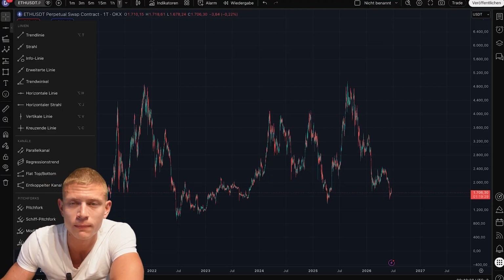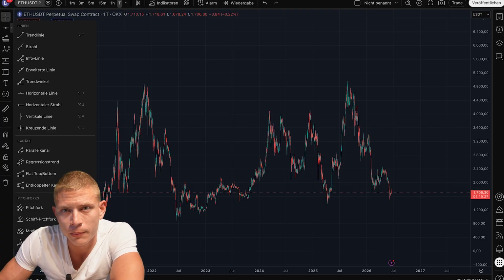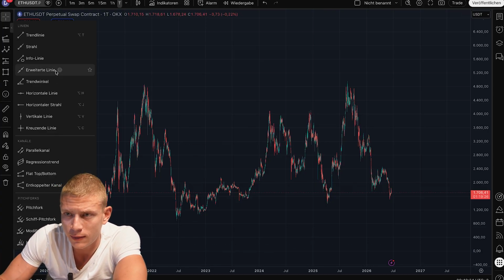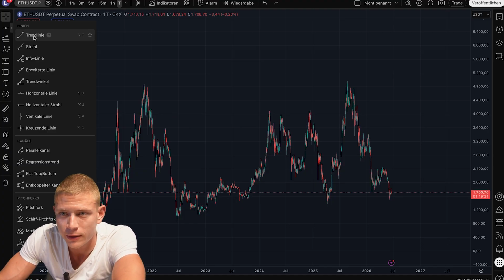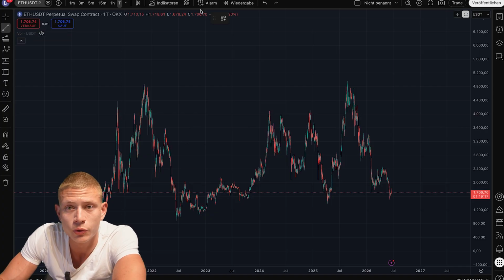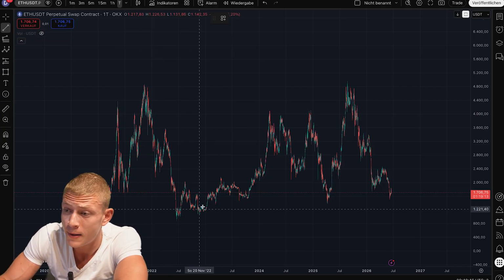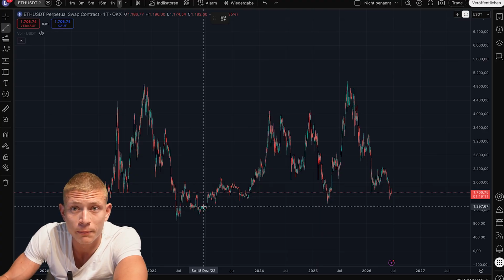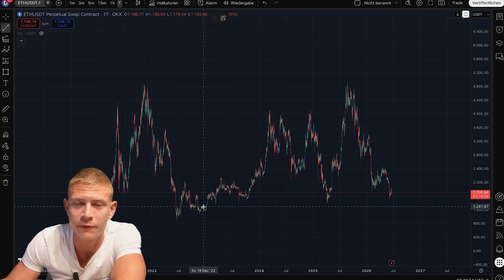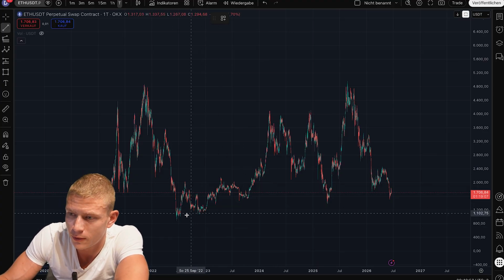So, what I'm using to mark support and resistance, or actually I'm not using it at all, but what people would use to mark support and resistance lines on the charts are any types of those lines. And for example, I'm using here in this specific case a normal trend line. You click on that, and then you can define a starting and an ending point of this trend line, and just follow where I'm putting it, and you will get the concept the first time when you see it.